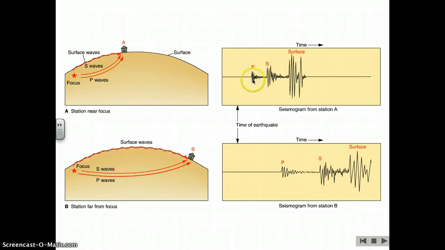We're looking at the time difference between these 2 waves, how much time there is between the S and the P waves, and that gives us the information. Sometimes that's called the lag time, sometimes the time difference between the S and the P wave, the time lag, or the difference between those. That's how we refer to it in these questions.